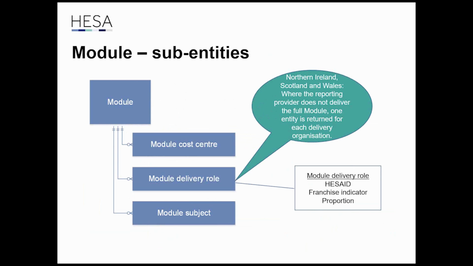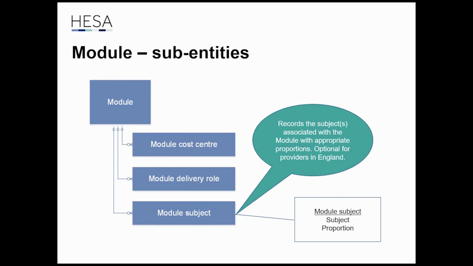So for each module where the reporting provider doesn't fully deliver that module, providers in Northern Ireland, Scotland and Wales need to tell us who it is that is delivering that module, again with appropriate proportions. Additionally, here we've got the franchise indicator field for providers in Wales to say whether it's a franchise partner or another collaborative arrangement.